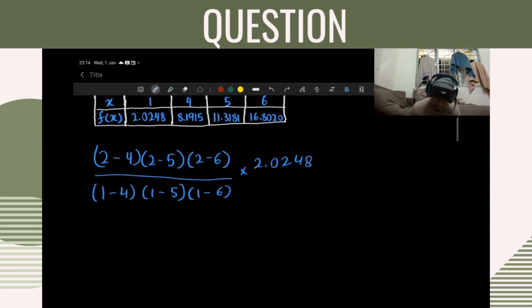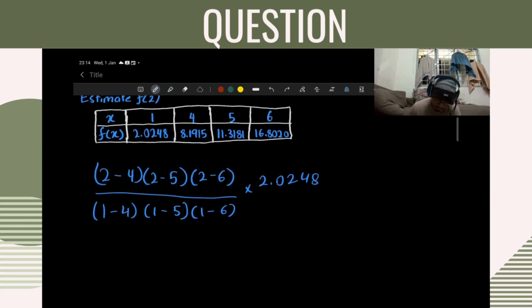I'm going to show you again. So now we are looking for number 4. So the first part is 2 minus 1, and 2 minus 6. We're not going to subtract 4 because that is the one we are looking for.